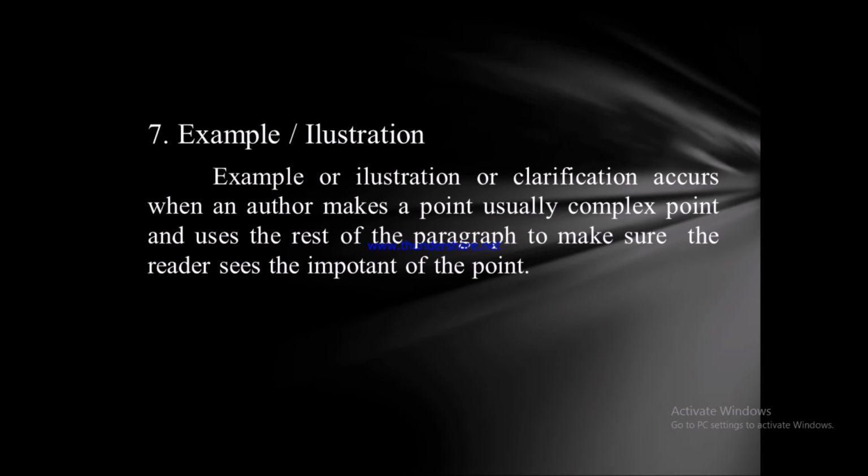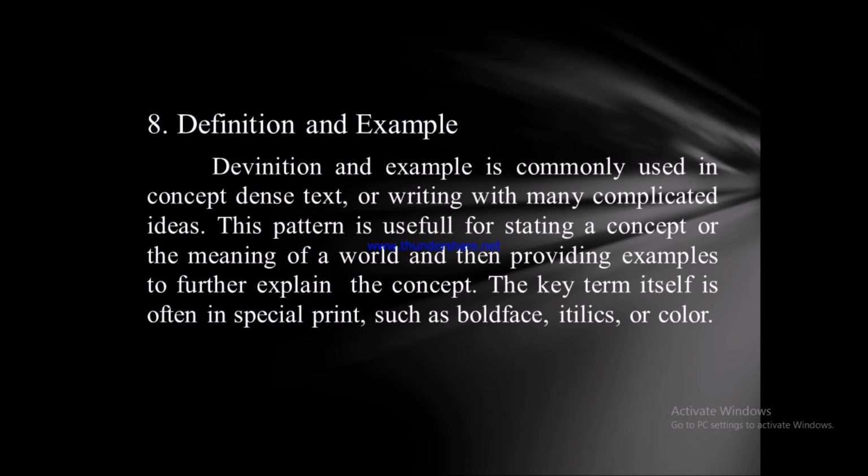Sample 7. Example or illustration. Example or illustration or clarification occurs when an author makes a point, usually a complex point, and uses the rest of the paragraph to make sure the reader sees the importance of the point. 8. Definition and example.